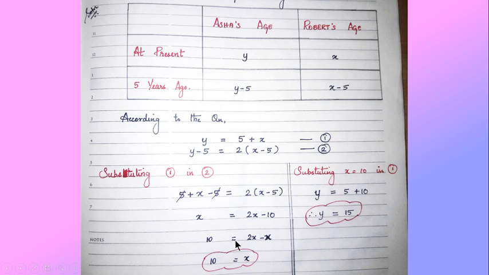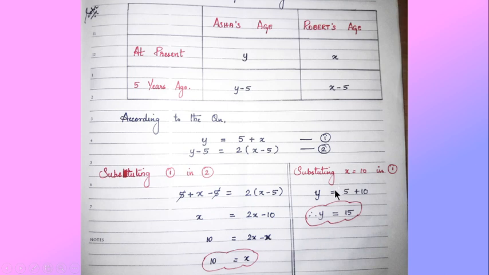Again, we have to find the value of x. When you simplify, you get 2x minus x. That is, x goes to the right hand side, it becomes minus x, and minus 10 when it goes to the left hand side becomes plus 10. So we found the value of x, and we have to find the value of y also, right?